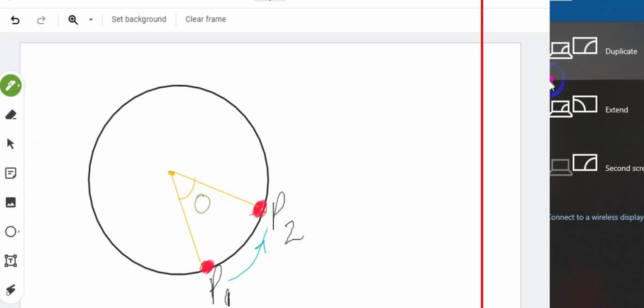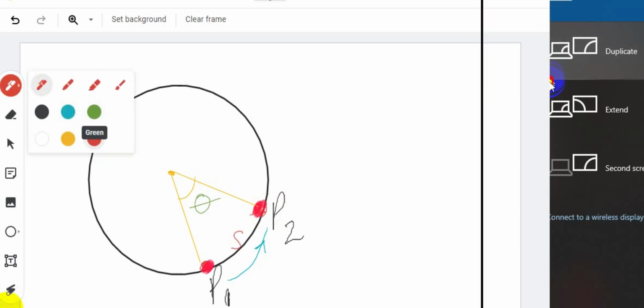So this theta can be in degree or in radian, but it's best to express the angular displacement in radian. So if this linear displacement from P1 to P2 is S, which is the length of the arc P1 to P2, the angular displacement is theta.